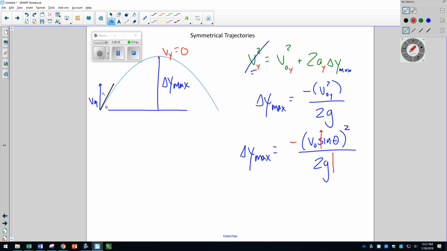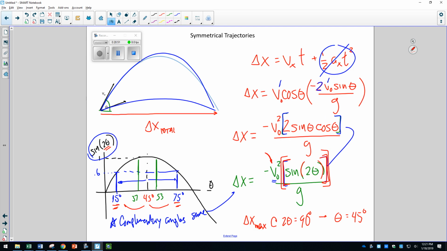That's upward. G is downward. Those have to have opposite signs. And so then this negative goes away with perhaps the negative in g here. Okay? So this one maybe I should have done a few minutes ago, but it tells us how to find that delta y max.